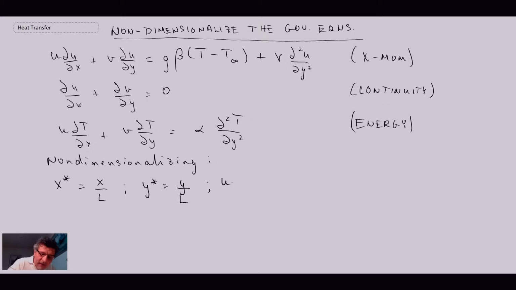Now for velocity, for free convection or natural convection, we don't really have any specific free stream velocity that we can non-dimensionalize by. So we're just going to use some characteristic velocity u naught, and we'll do the same for v star.